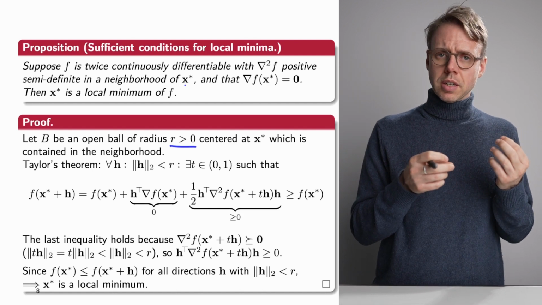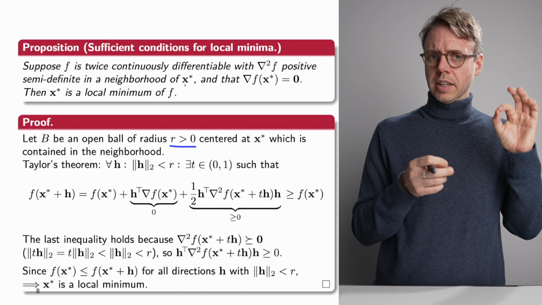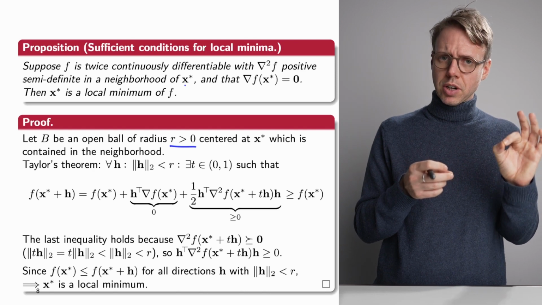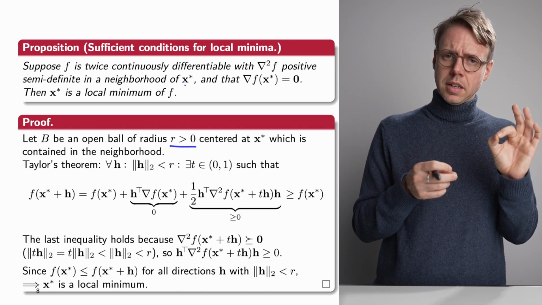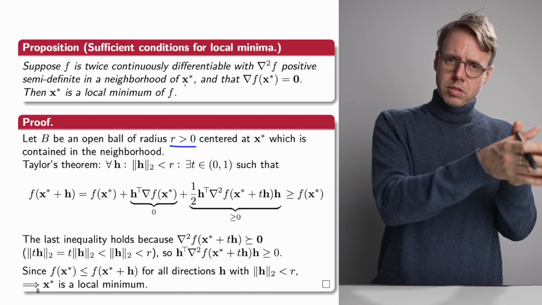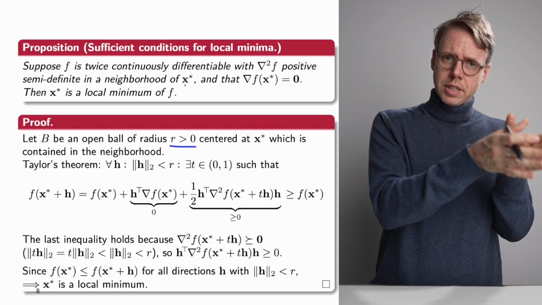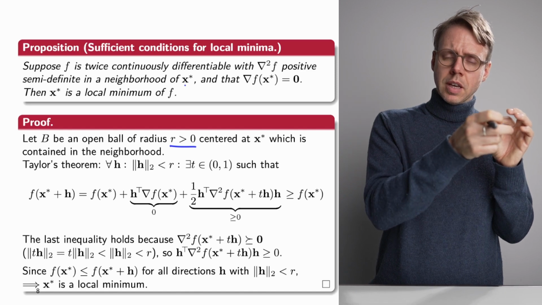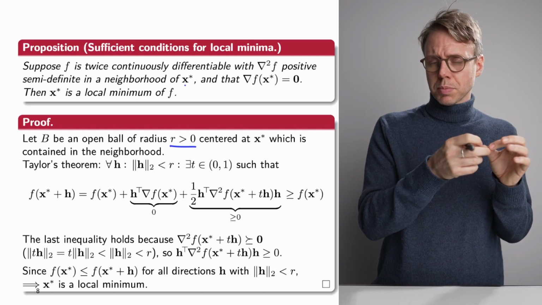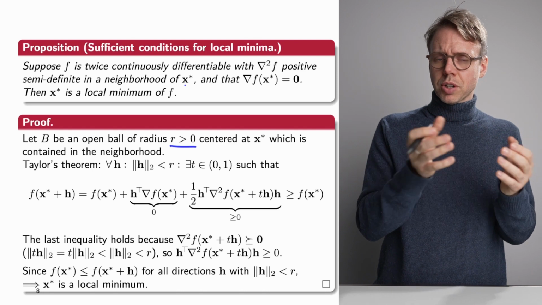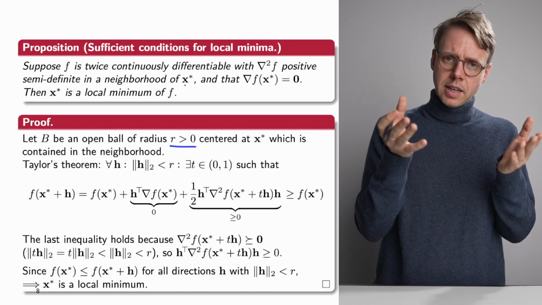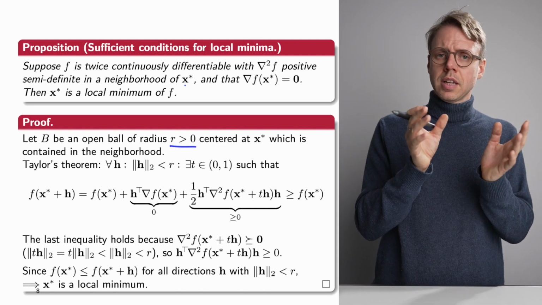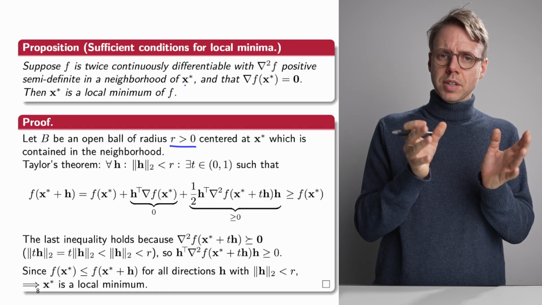Those are conditions that if we know that the point x star is the local minimum of a function, then the first order condition needs to hold, namely the gradient needs to be 0, and if it's twice differentiable, also the second order condition has to hold, namely that the Hessian at this point x star is positive semi-definite.